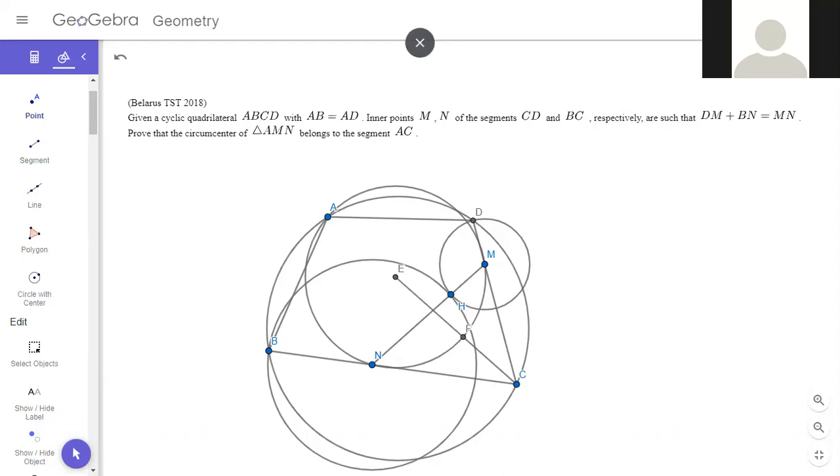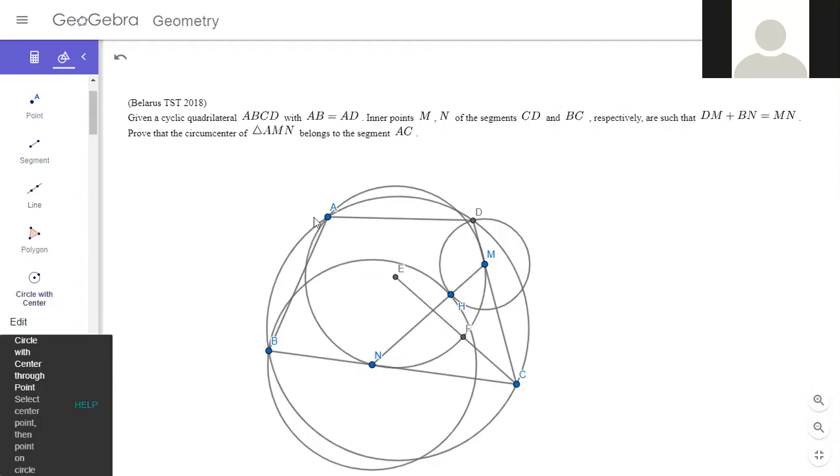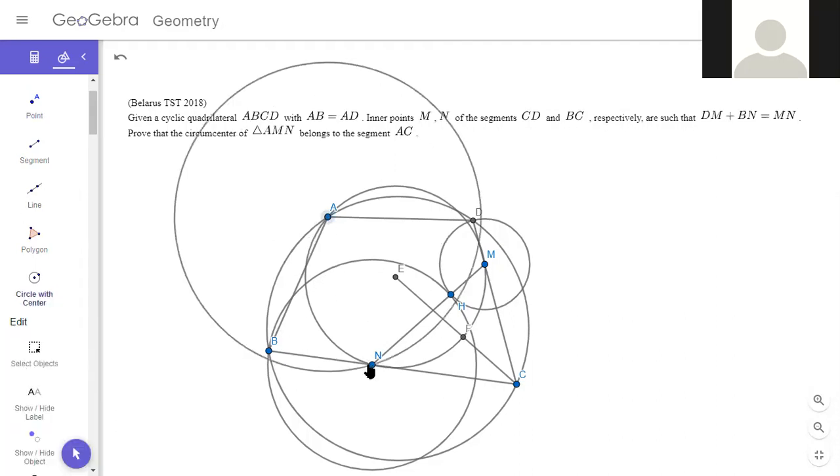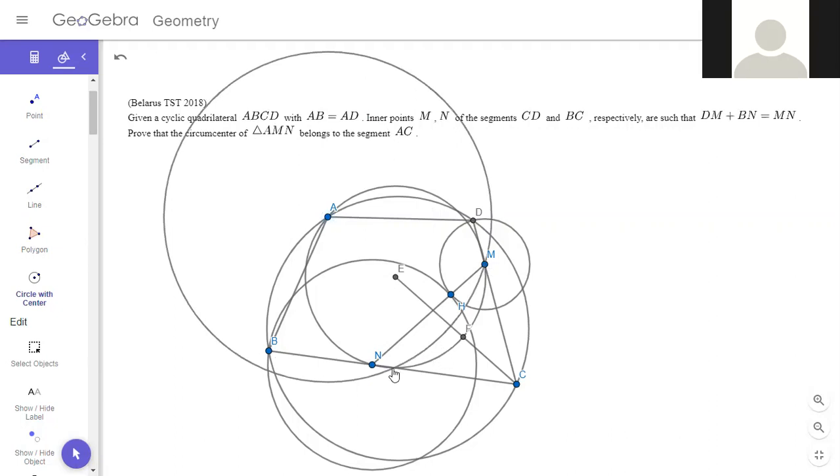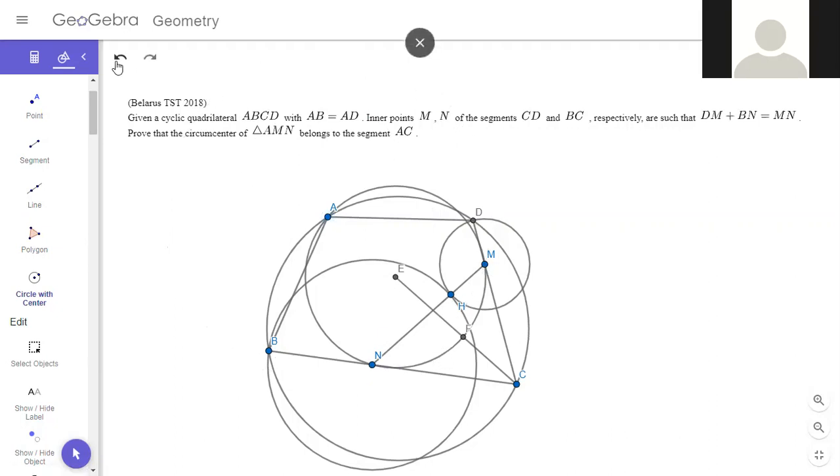Okay. I had an idea. What if we take a point X on DC such that AN is equal to AX? Let me see. Oh, I think we want to show that's where the other intersection point of the circle is, right?